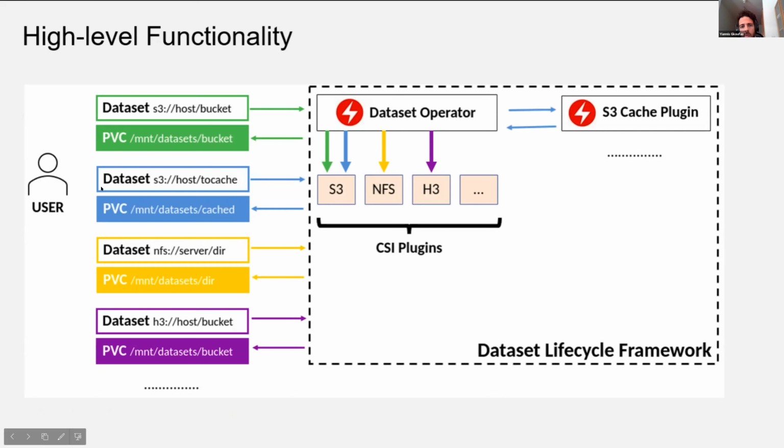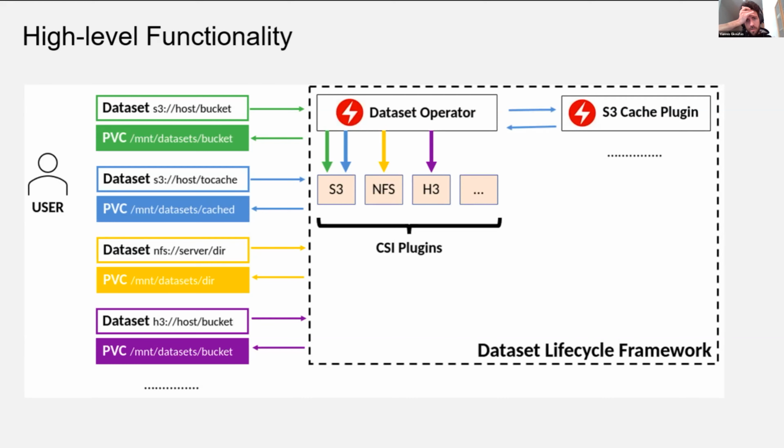From the user perspective, they just define a dataset of the different formats. Then the dataset operator is the brain for all this orchestration. The dataset operator invokes the necessary CSI plugin.